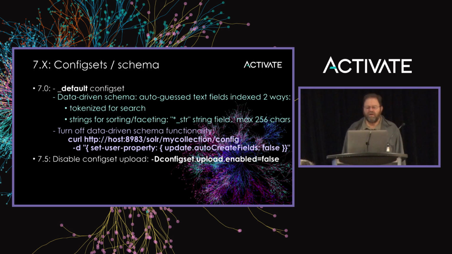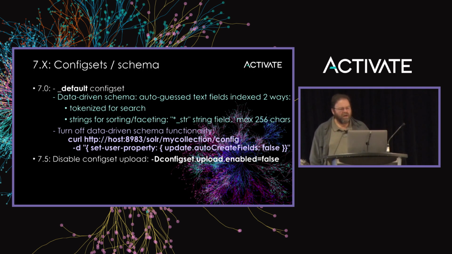Also in 7.0, it's possible now to turn off the data-driven schema functionality. So if you start out with a default config set, for example, which has data-driven functionality turned on, and you decide that you don't want to allow that any longer, you can just send in an API command.